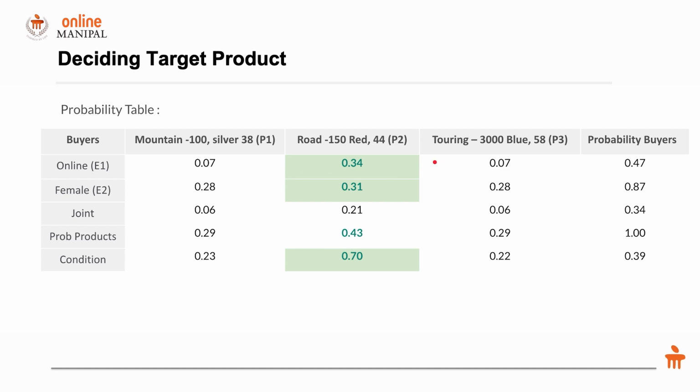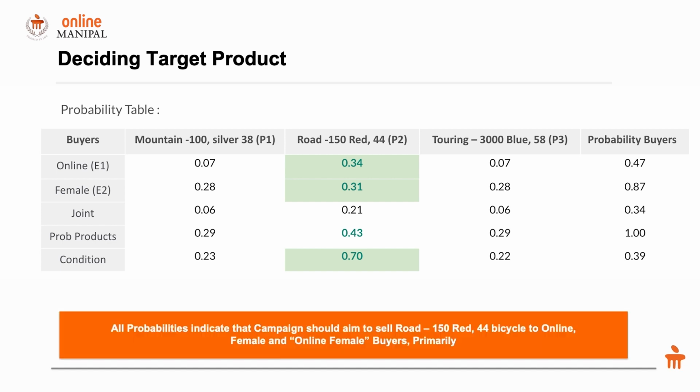So among the top 3 selling products, the probability is relatively high. That is why our recommendation is that Road 150 Red should be the target product of our choice. For online and female buyers, this is very important information: we are not recommending product 2 always. It is for the case under consideration, that is the events we have discussed: online buyers, female buyers, and online and female buyers.